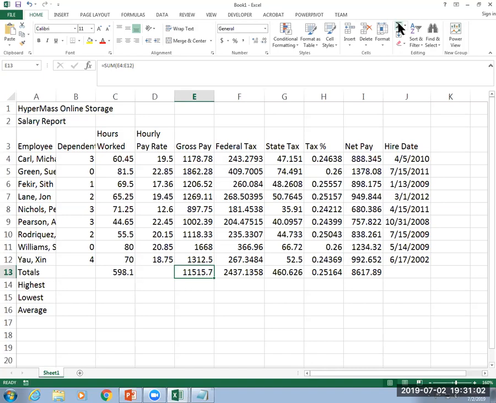By doing both the gross pay and the federal tax, I get the tax percentage as well, because the tax percentage is built based on F12 plus G12 divided by E12.